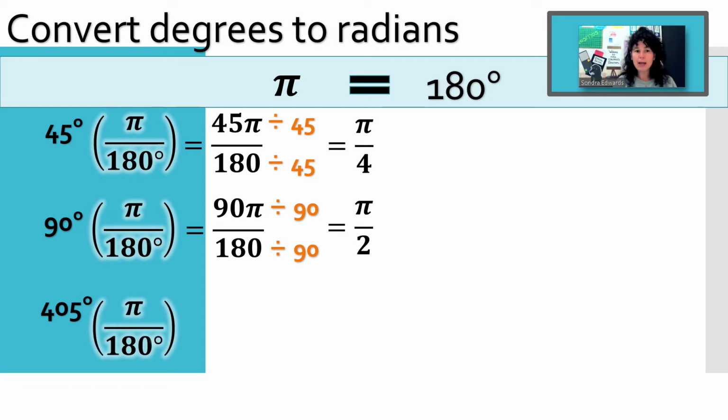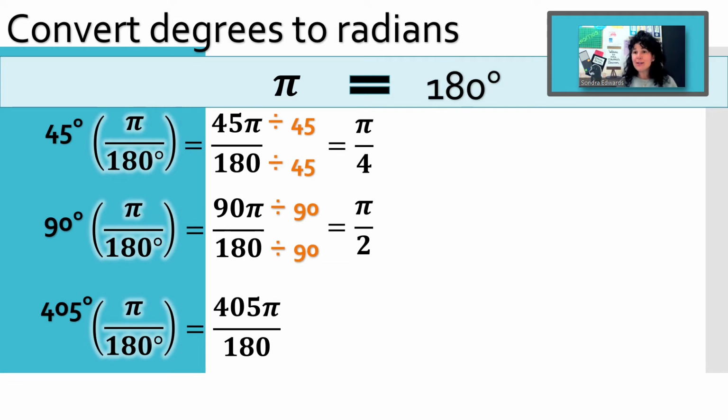One more, multiplying 405 degrees by pi over 180 degrees. The degree symbols cancel out, multiply straight across. Now, you might know off the top of your head the largest number that fits into both the numerator and the denominator.